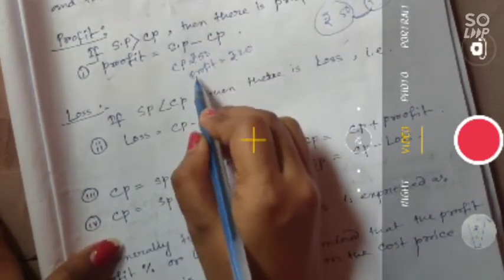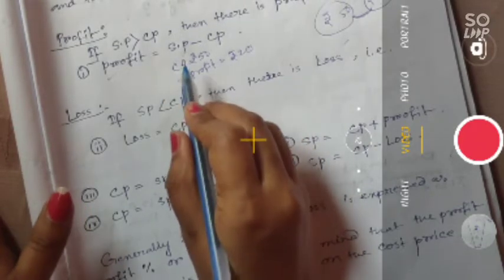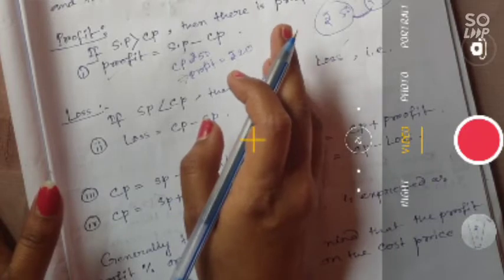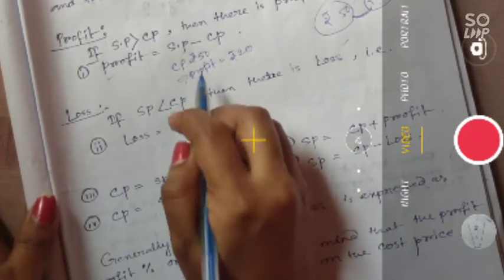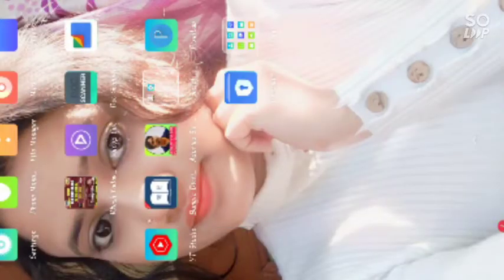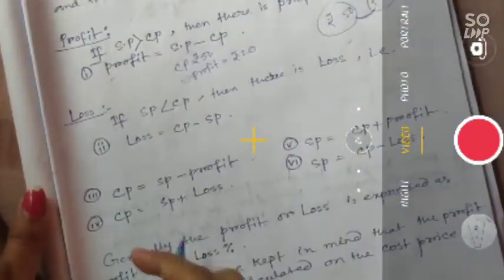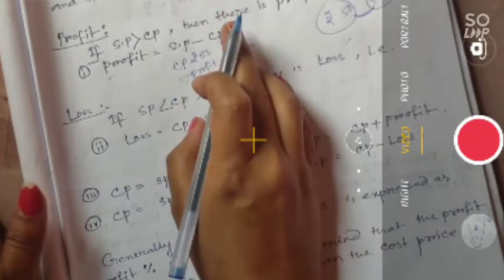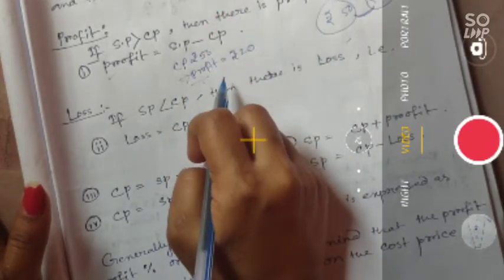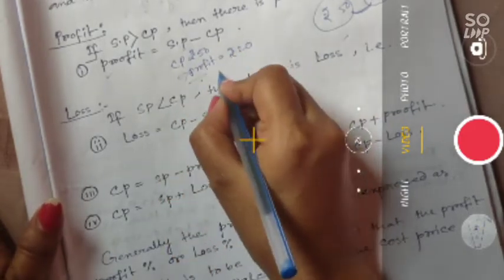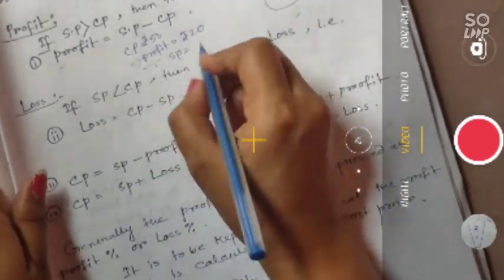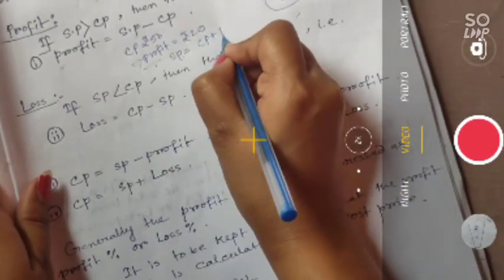So in the case of profit, which one is greater, CP or SP? SP. So we can get SP by adding CP and profit.